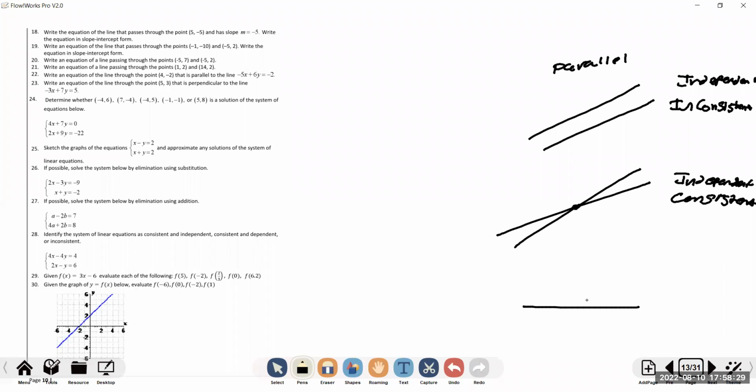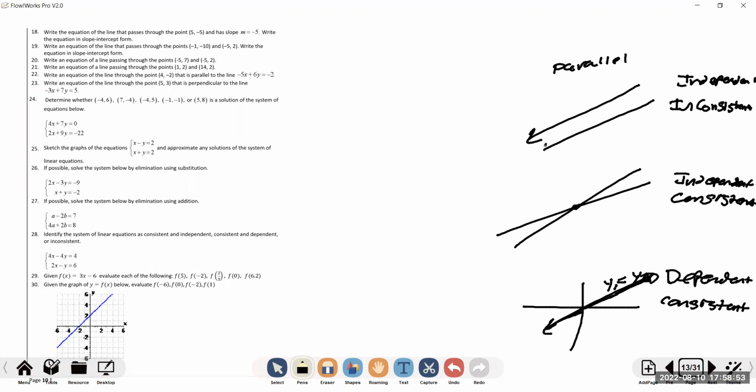Or I could have lines that are actually the same line that lie right on top of each other, and they have every point in common. And those are called dependent when they're the same equation. And of course, they're consistent because they have infinitely many points of intersection.